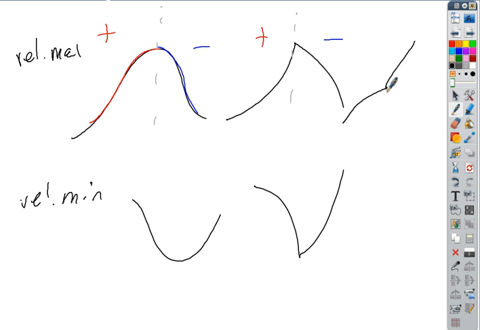It's undefined, right. A critical number is a potential spot where we could get a relative max or a relative min. We've got to check them and see. If it is a relative maximum, that's going to be when the derivative is transitioning from a positive value to a negative value, right? Okay, now what about the relative minimum?